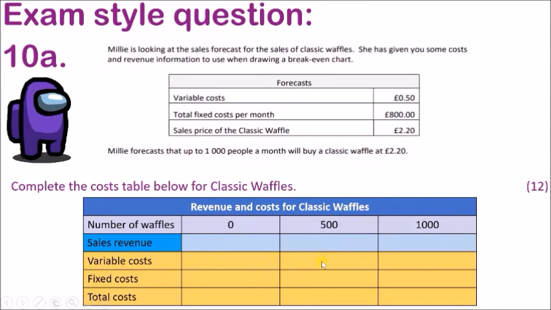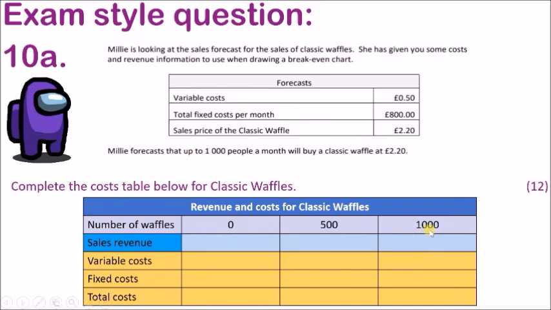In the variable cost, you've got 500 waffles sold, and it costs you 50p per classic waffle to make. So 500 multiplied by 50p, there we go. You've got your fixed cost in there, so you know what to do for total costs. And the final column is for 1,000 classic waffles.